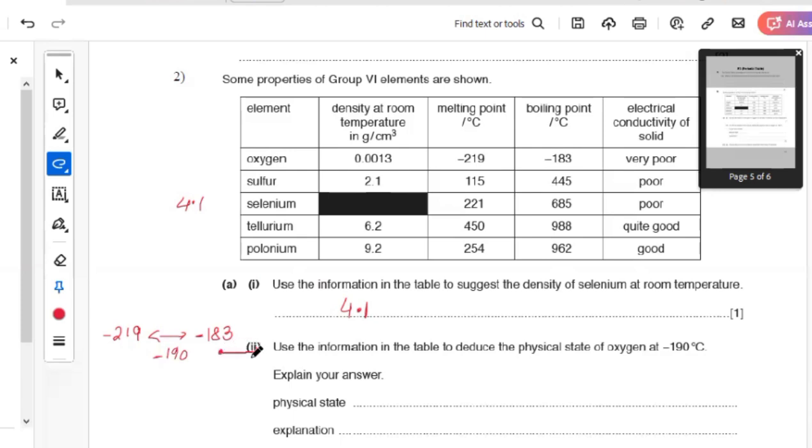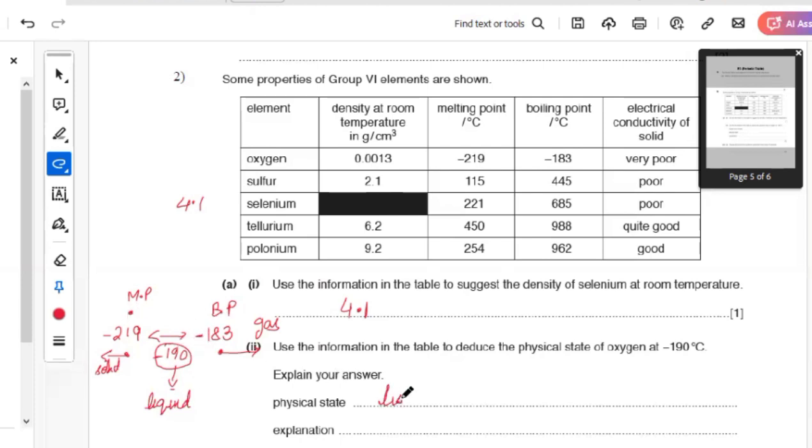Above the boiling point, they exist as gaseous state. And below the melting point, they would exist as solid state. So between them, they would exist as liquid state, as the temperature is between the melting point and boiling point.